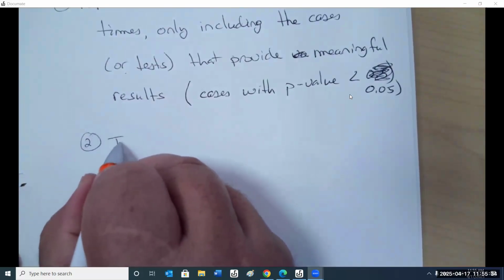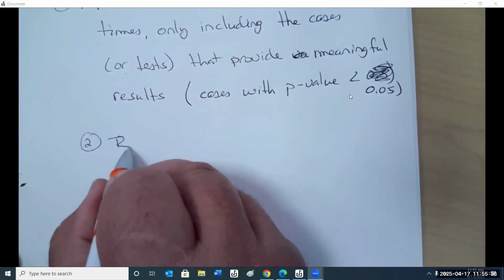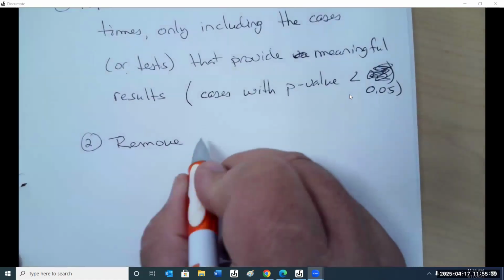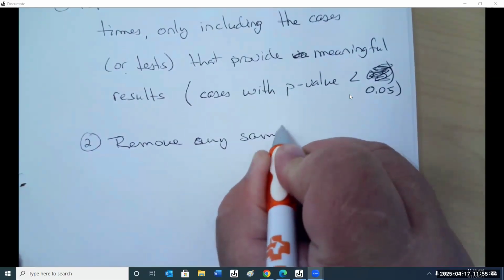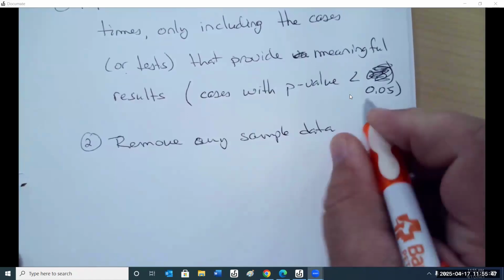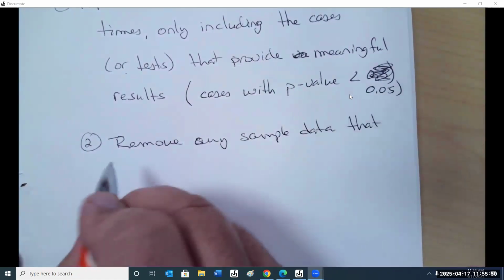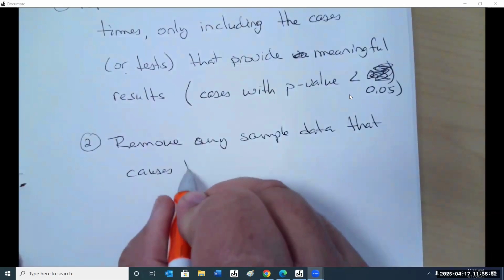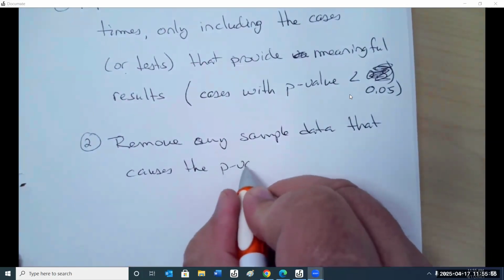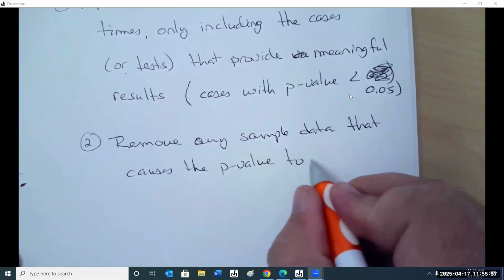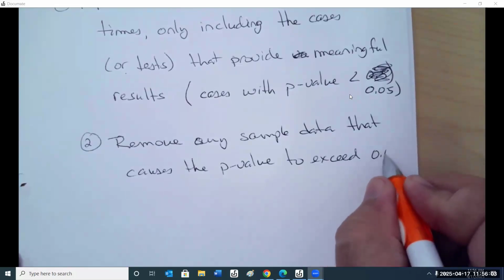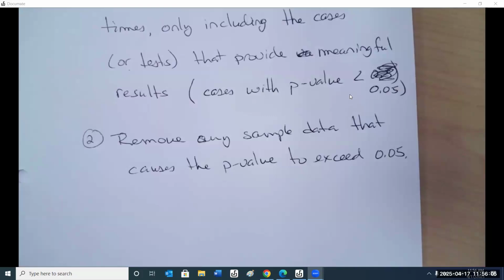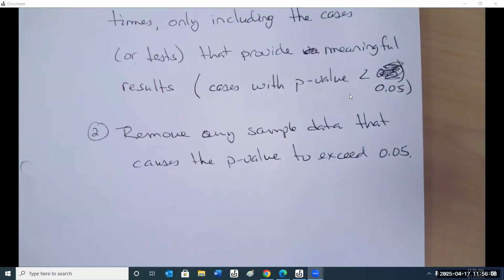Another thing, remove any sample data that causes the p-value to exceed 0.05. Remember, you have to be less than 0.05.